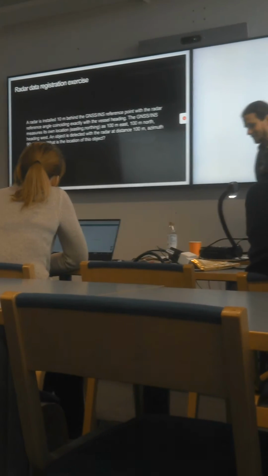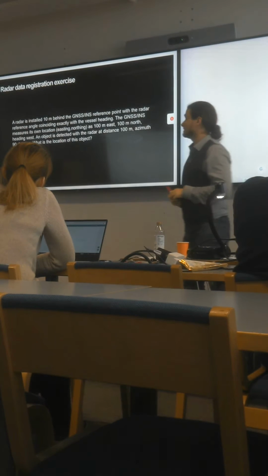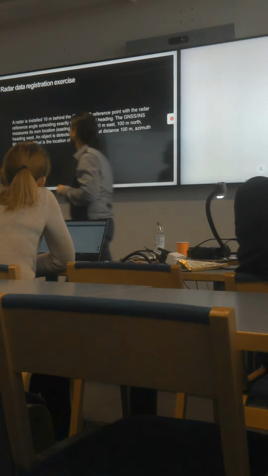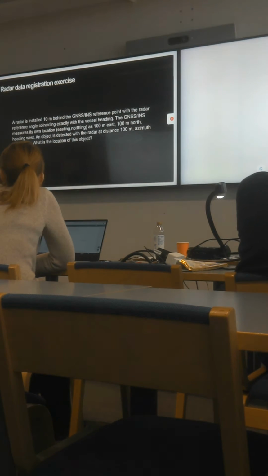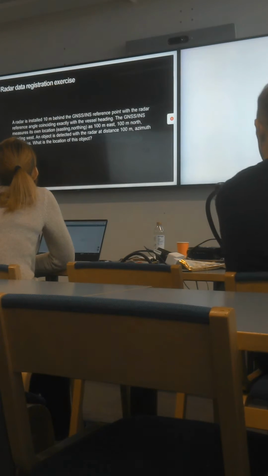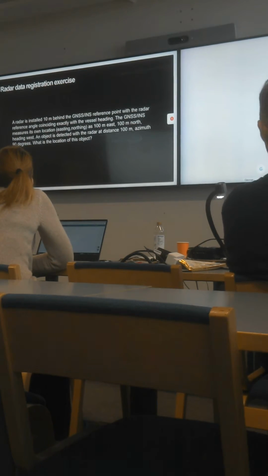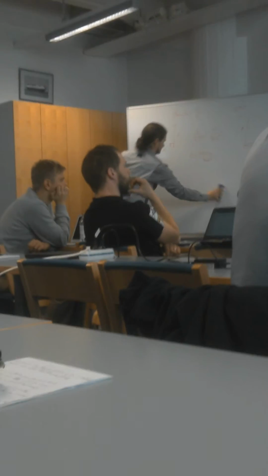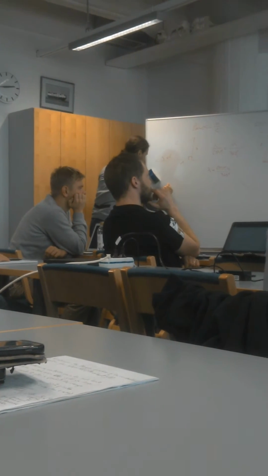A last exercise, just to make sure that you understand this important topic of registration. So, just take a minute to understand what it is. We have a radar. We have the world coordinates.